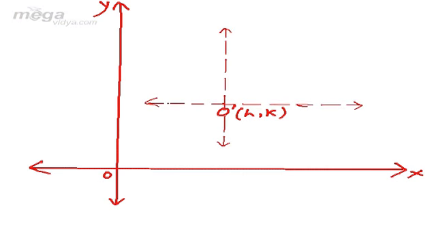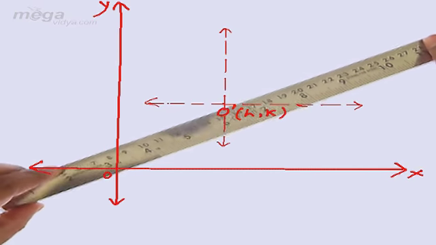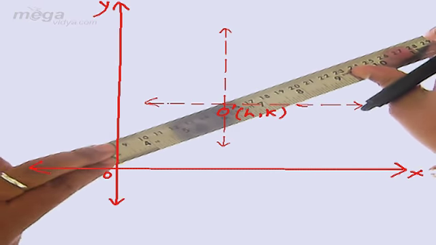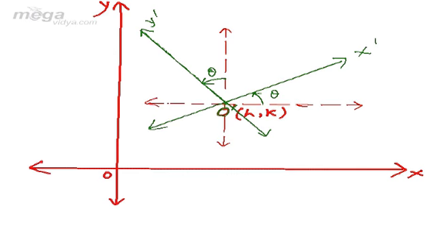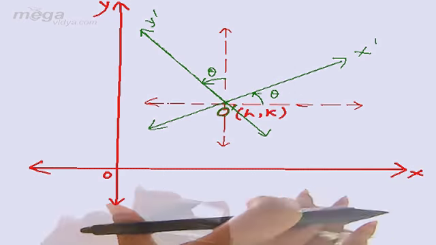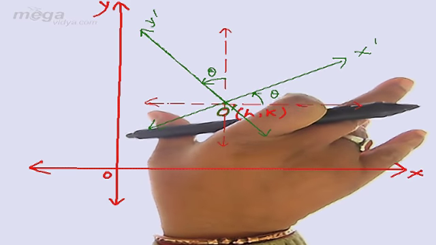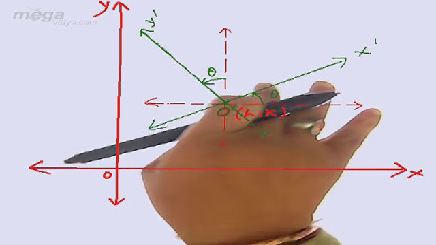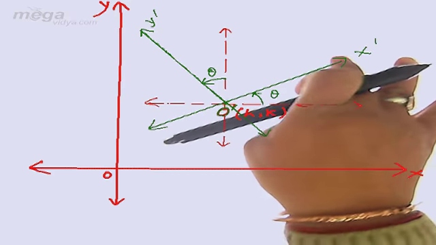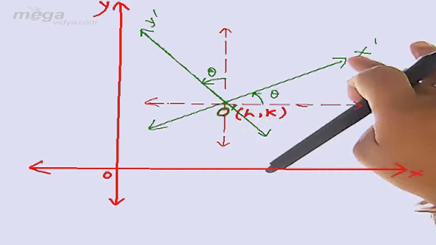Now these two new axes, x-axis and y-axis, are rotated through an angle of theta. So first the origin is shifted to the point h, k, and then the new axes are rotated through the angle theta. This will finally be the new position of the x-axis and y-axis.